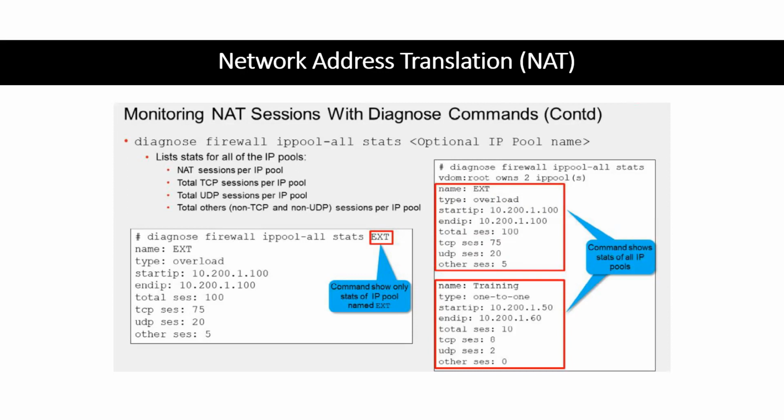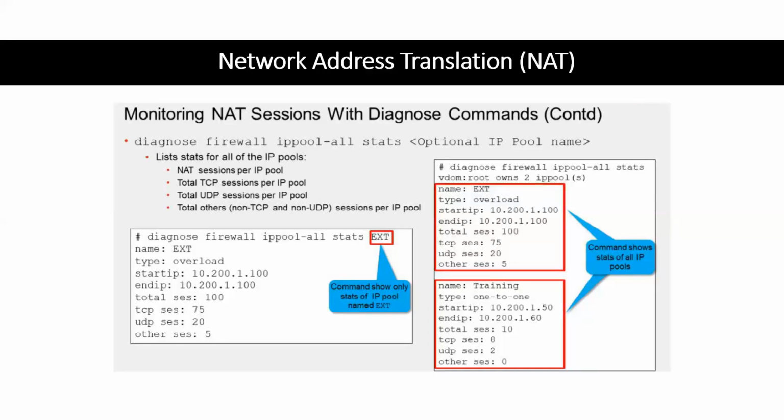Is it A, diagnose firewall IP pool-all stats internal, or is it B, diagnose firewall IP pool-all list internal? There's a hint on the screen if you guys are looking at it. It's stats. So there you go. Absolutely. Oh, I didn't even catch that.